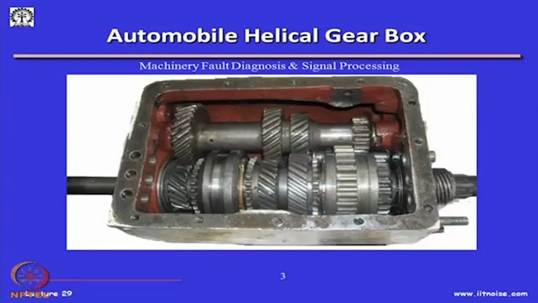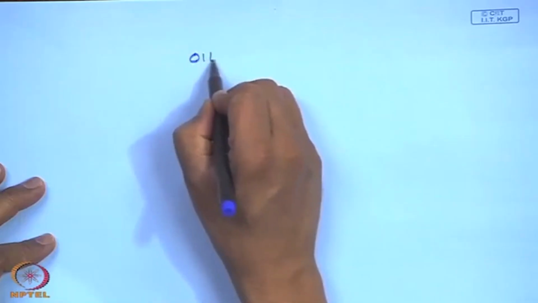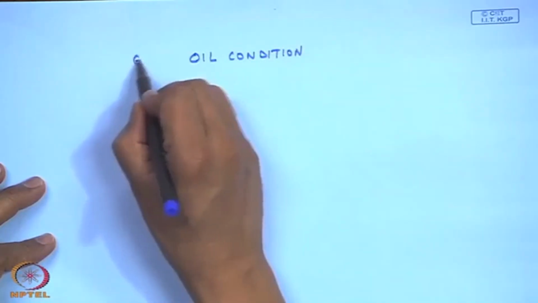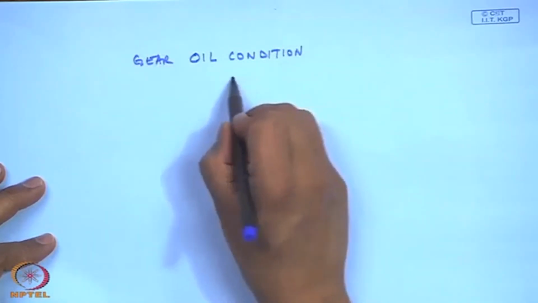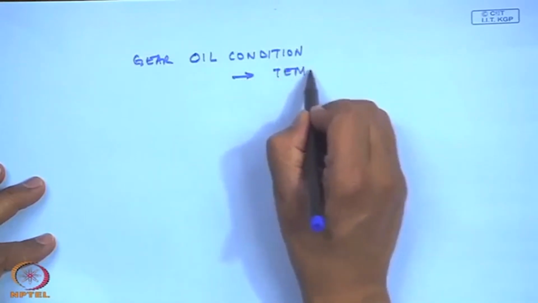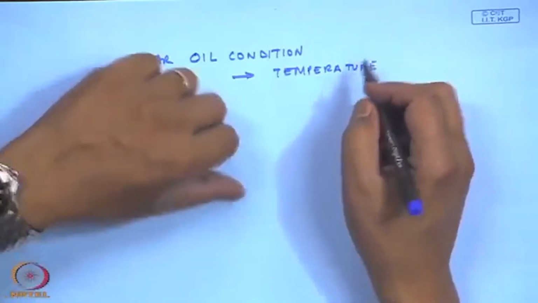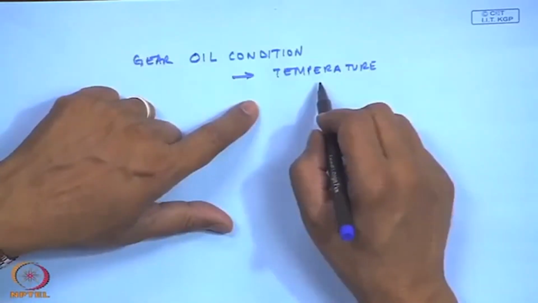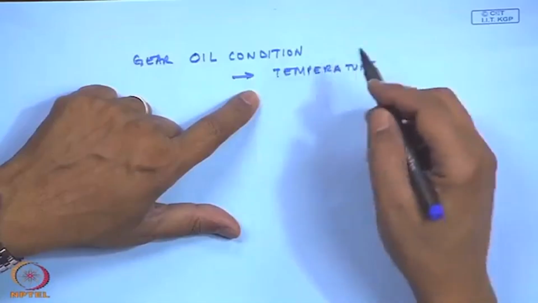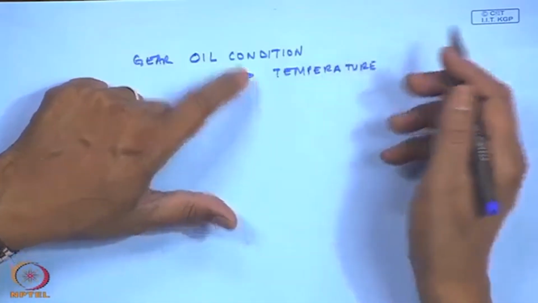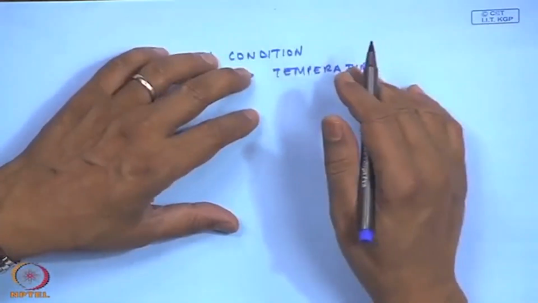And in many automobile gearboxes, people also monitor the gear oil condition in terms of its temperature, because there should not be a case when the temperature of this oil has gone to a level where the physical and chemical properties of the lubricating oil are lost, the molecular bonds break.